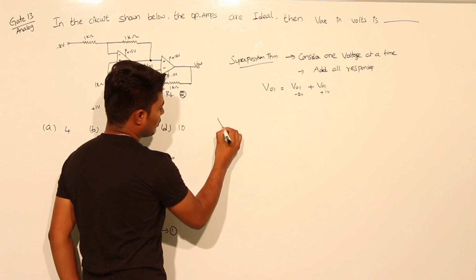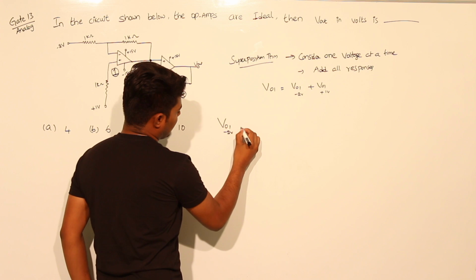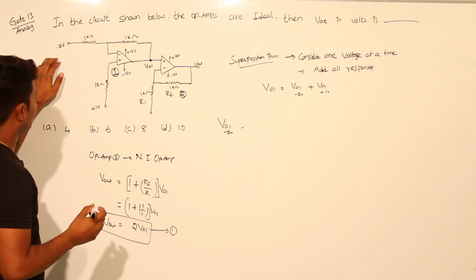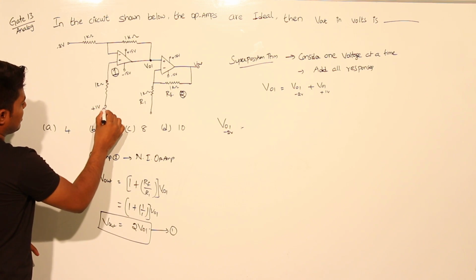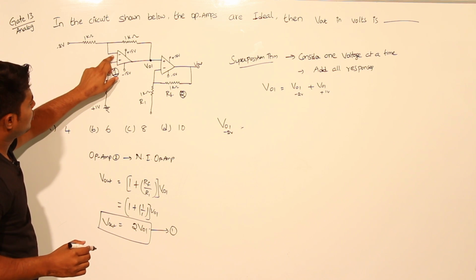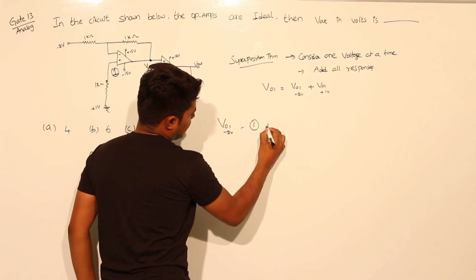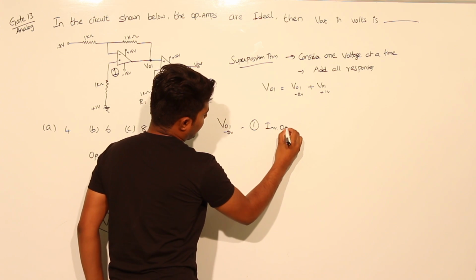Now VO1 due to minus 2 volts. If you apply minus 2 volts, at this time the other terminal is grounded, so op amp 1 acts as an inverting op amp.